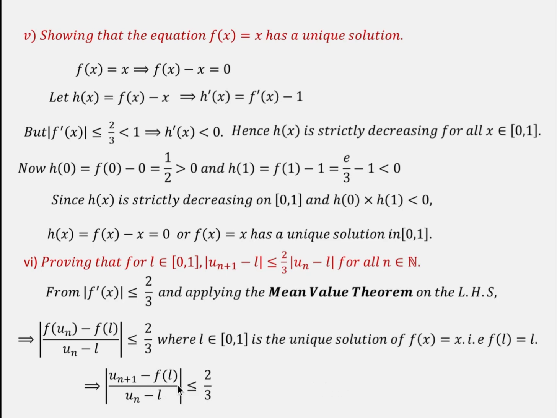So cross multiplying this inequality will then have that the absolute value of un plus 1 minus L is less than or equal to 2/3 the absolute value of un minus L for all n belonging to the set of natural numbers.